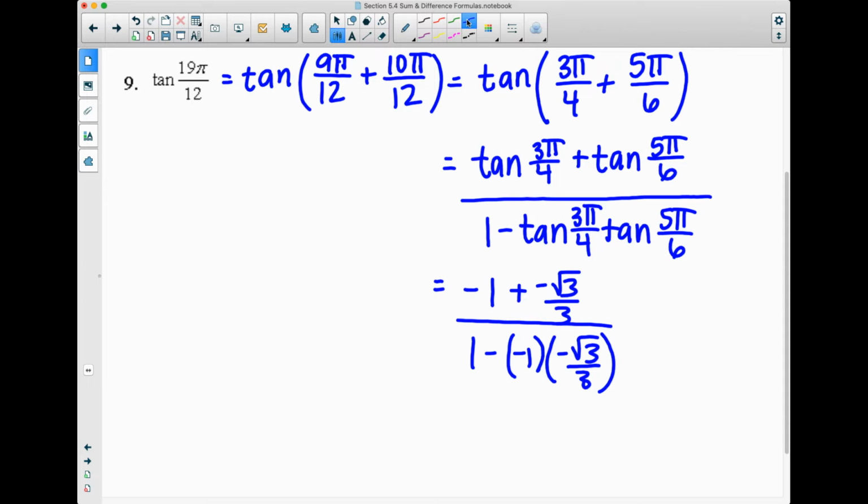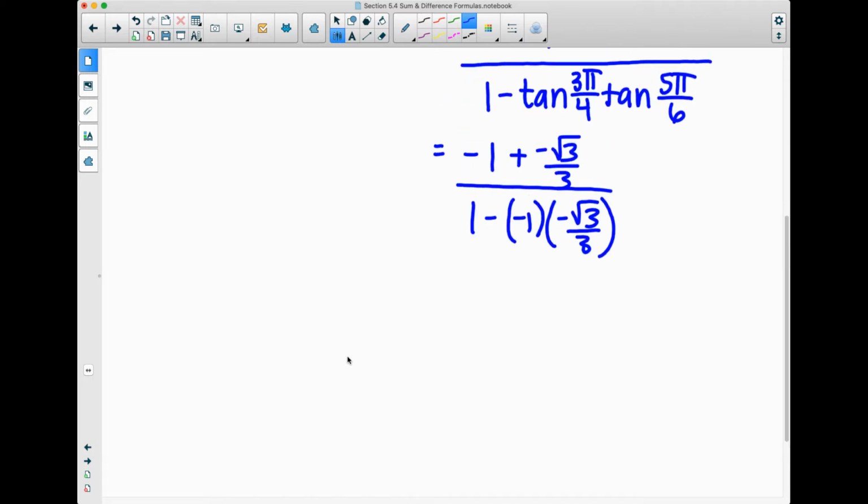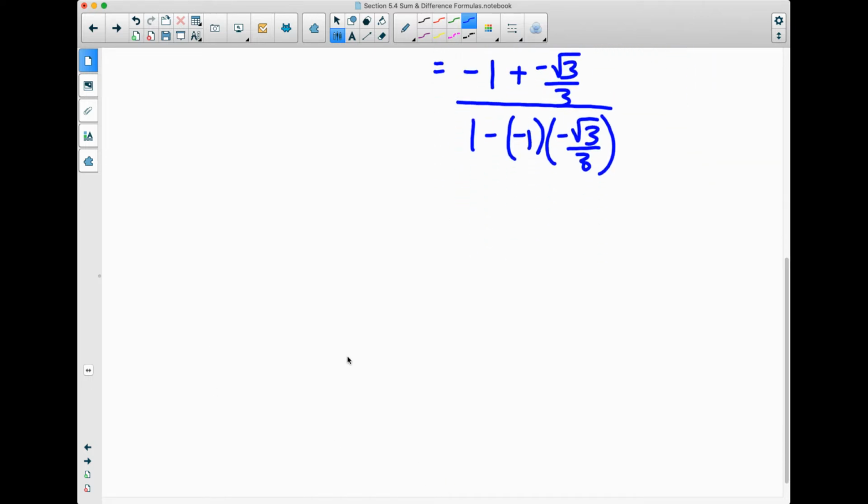Not only are we dealing with common denominators here, but we're also dealing with rationalizing all the things. Okay, so again, super important that we show our work. I'm going to go over here off to the side. And I can go ahead and change that -1 to -3 over 3.